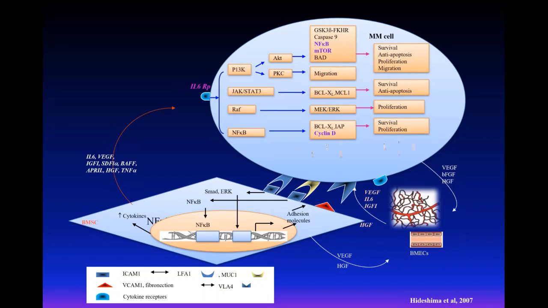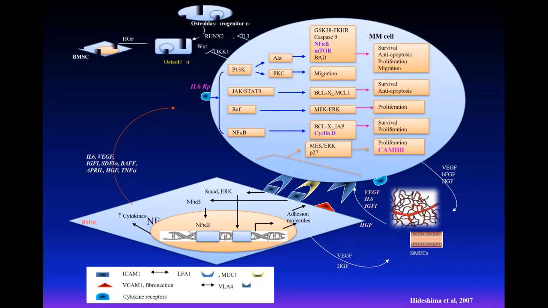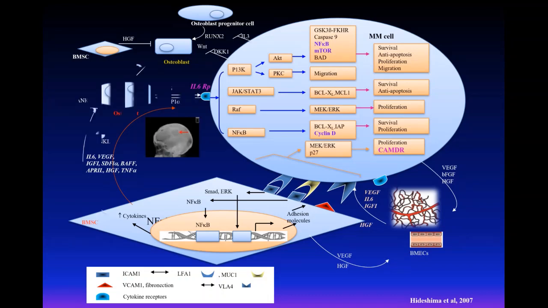In addition, there is adhesion-mediated drug resistance, and osteoblast differentiation is also inhibited by the secretion of DKK1 from the MSC stroma. This also activates proliferation of the osteoclasts, and hence the balance skews towards osteolytic conditions.